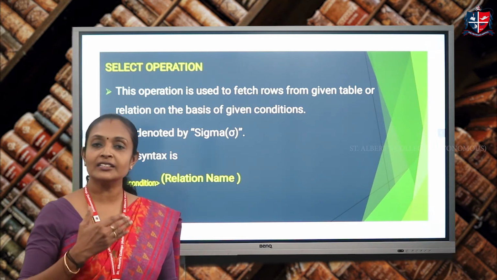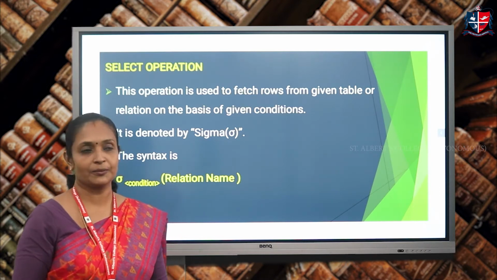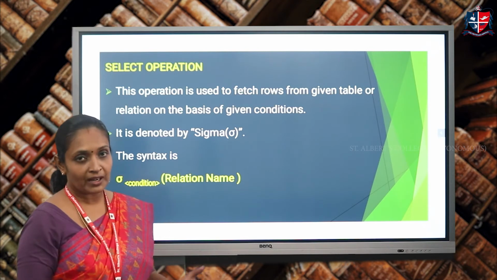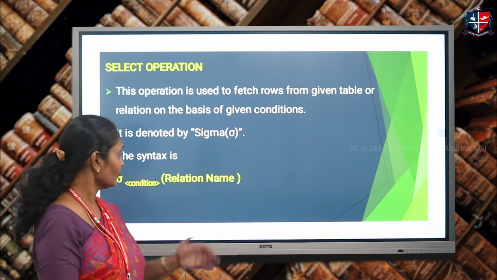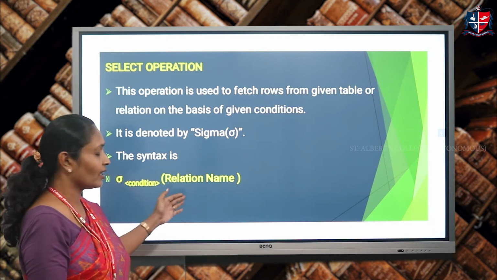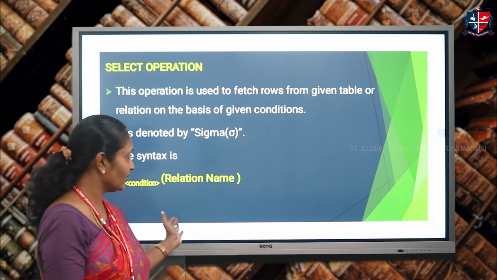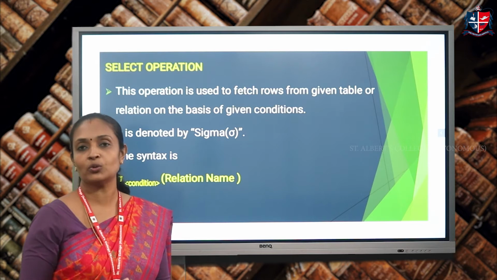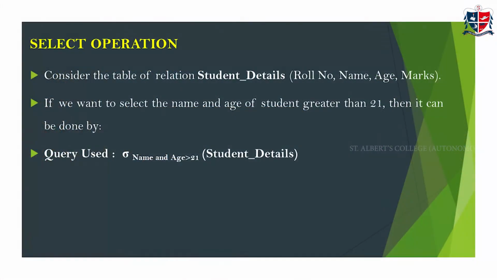That means selecting the data which we have stored in the database based on a condition. In relational algebra, the select operator is denoted by the sigma symbol. So the syntax is sigma, condition, relation name. Sigma indicates the select operator, and the condition is whatever conditions we have to add, and relation name is the table name.